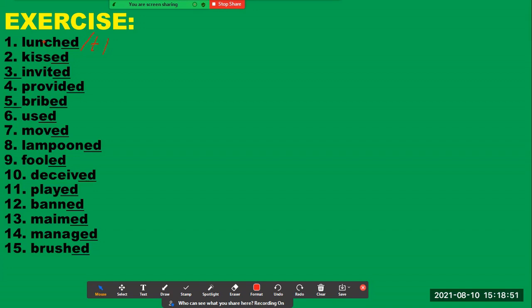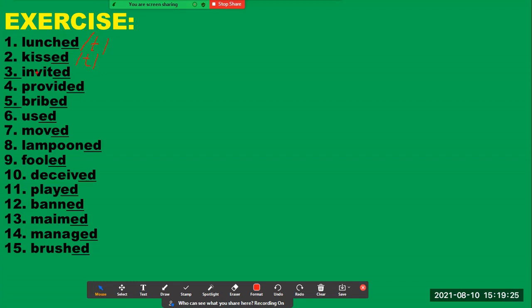When the ED past tense morpheme comes after a voiceless sound, then it is pronounced T. All right? That's exactly what happens. Then the second one is kissed. So the sound again is T because S is a voiceless consonant.